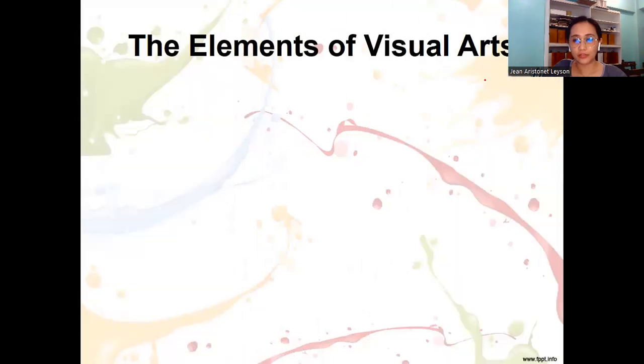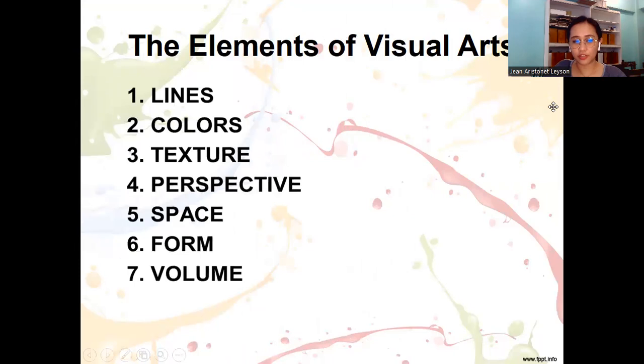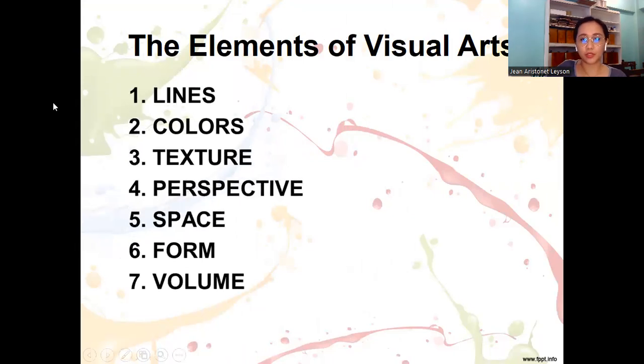So the elements of visual arts are the following. Number one, lines. Two, colors. Three, texture. Four, perspective. Five, space. Six, form. And seven, volume.